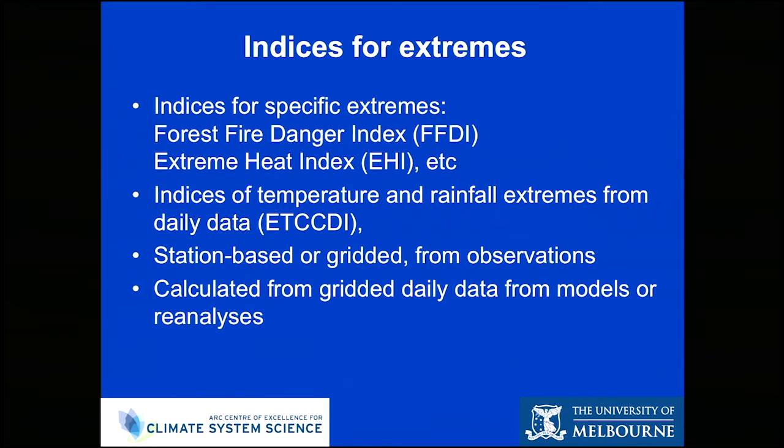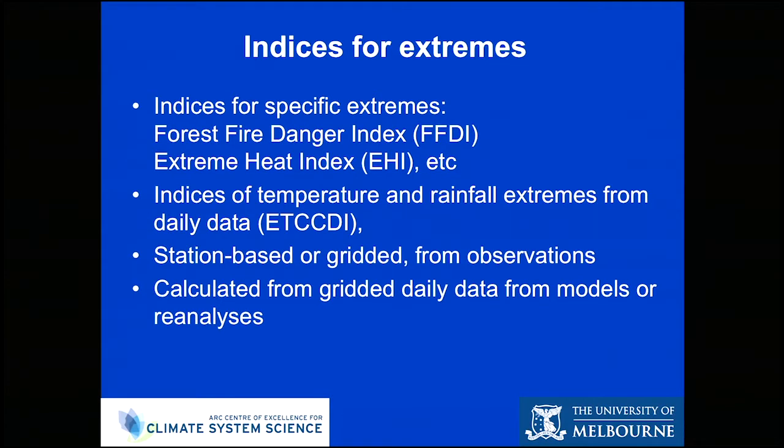The ones that I am going to talk to you about are indices of daily temperature and rainfall extremes, which were originally developed by a group called the ETCCDMI, and then it changed its name to the ETCCDI.